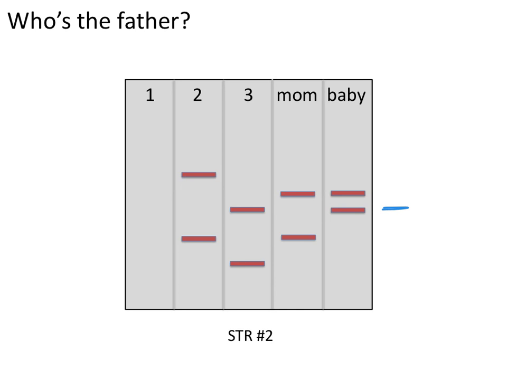So we know that we have a match right here with the father. So if I give you a gel like this, you should be able to figure out who the father is, who the father isn't, and so on. You'll have a target sequence, and then there'll be two individuals, in this case a mom and a baby, and you want to find out who the father is.